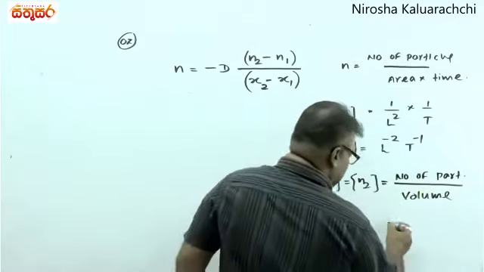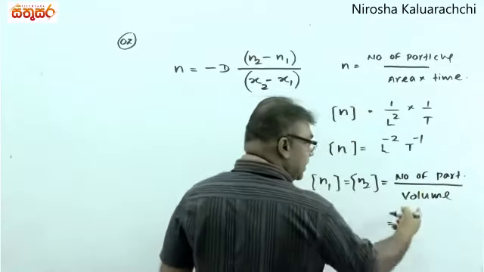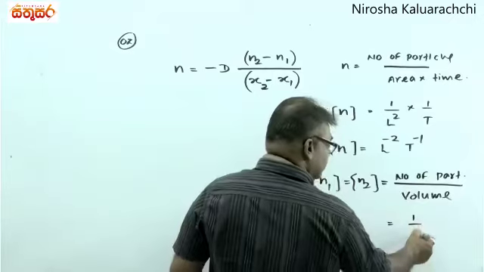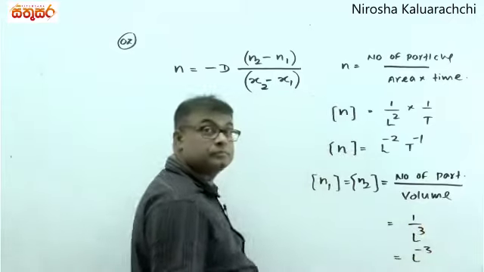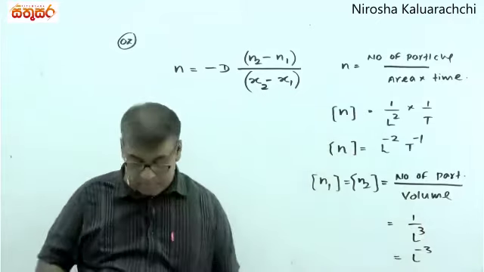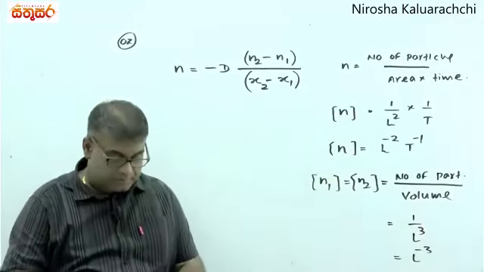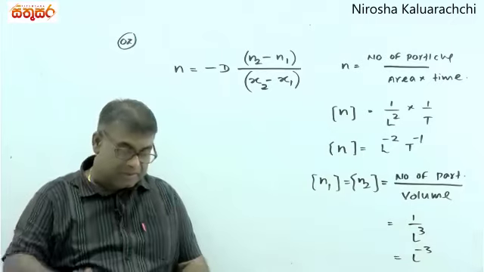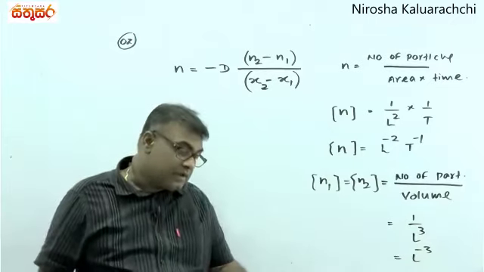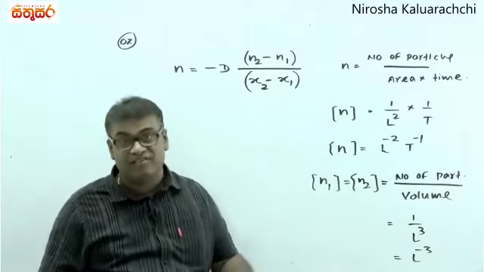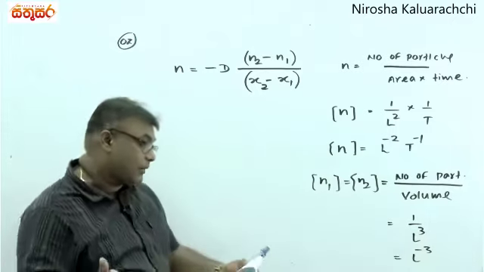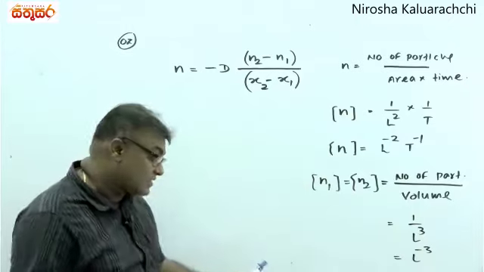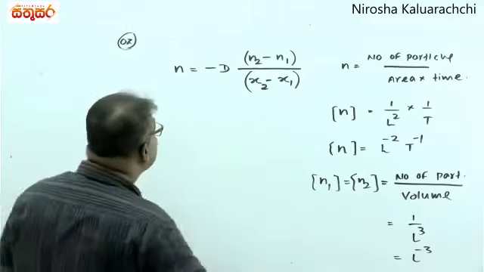Then the dimension of n1 and n2 becomes L^-3. What's the need? You are asked to find the dimension of capital D, with x1 and x2 being distances, right? Find the dimension of D.